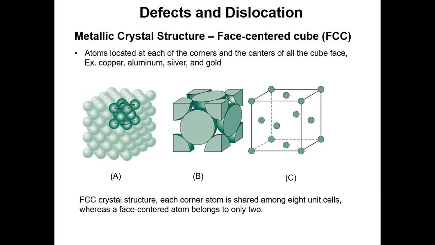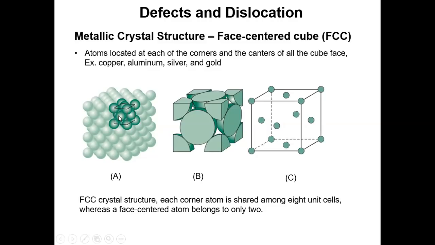FCC means face centered cubic structure. In this cubic structure, in its unit cell, atoms are located at each of the corners and the centers of all the cube faces.